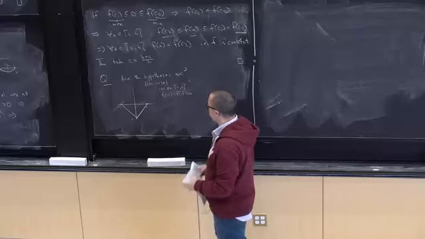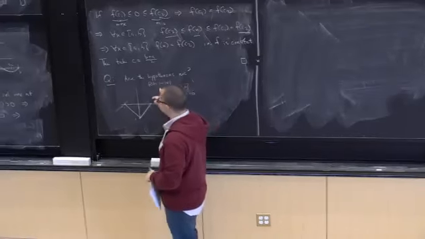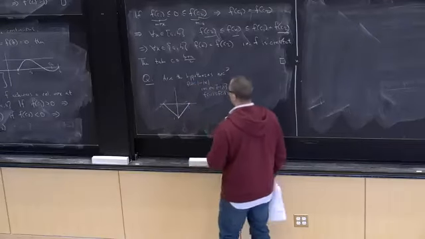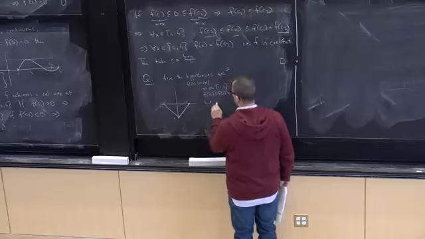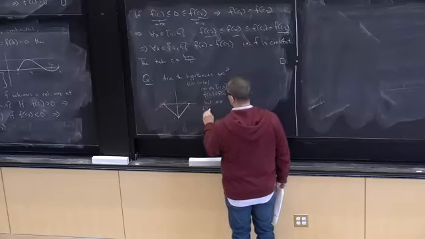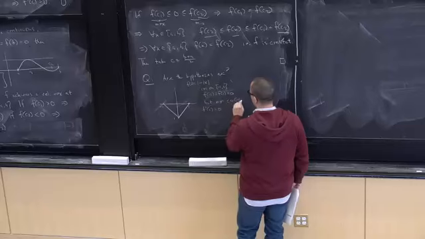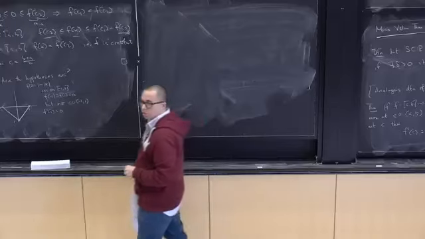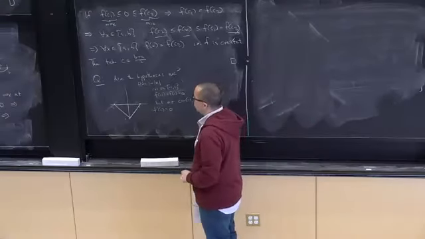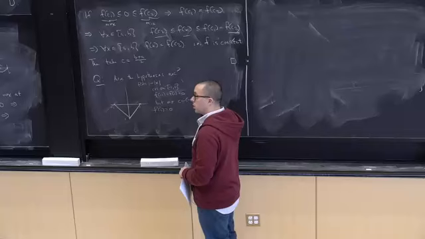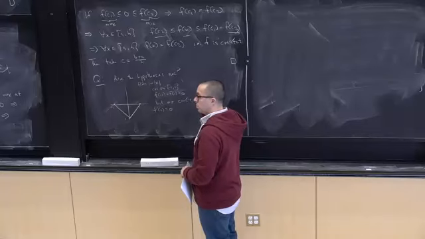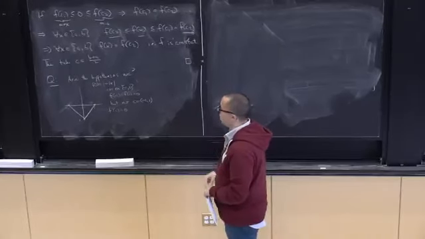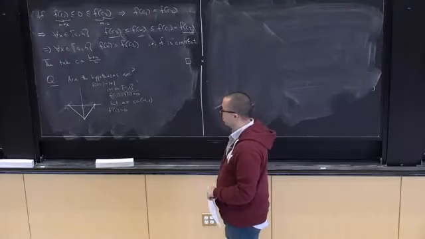What hypothesis did I leave out for this function? The hypothesis that it's differentiable at every point in between, right? This function's not differentiable at 0, and there's no point where the derivative equals 0, right? So this example tells you that the hypothesis that the function is differentiable on the interval minus 1, 1 or AB is necessary for the theorem to be true.